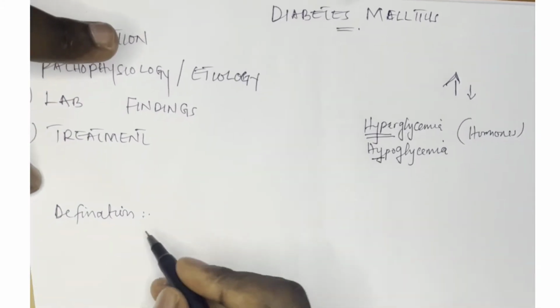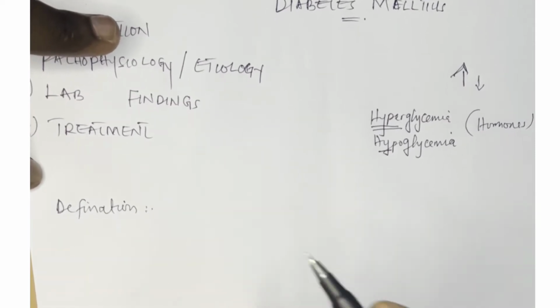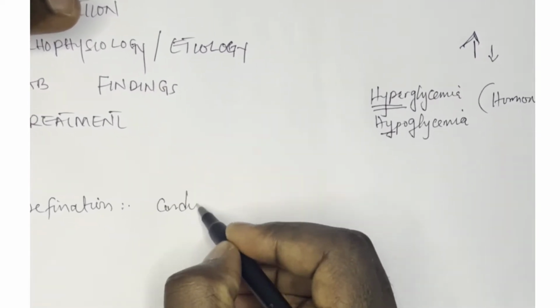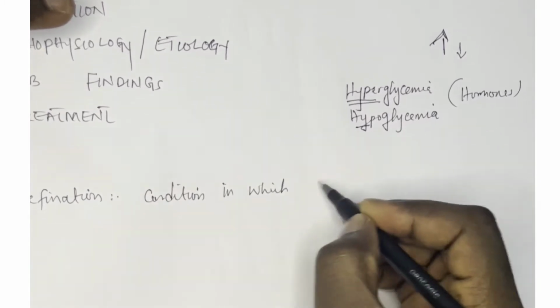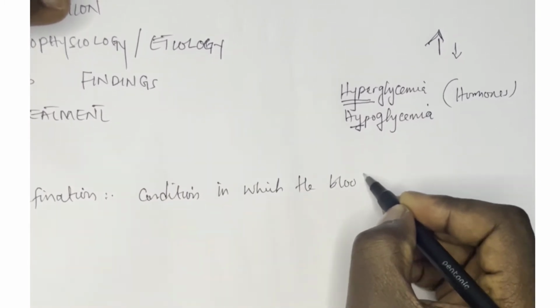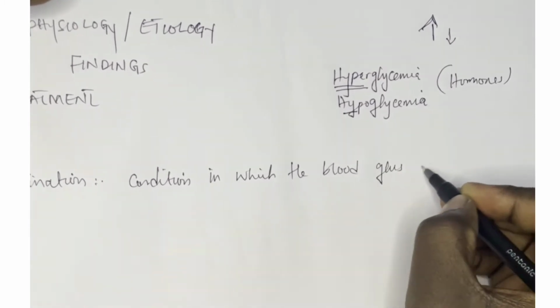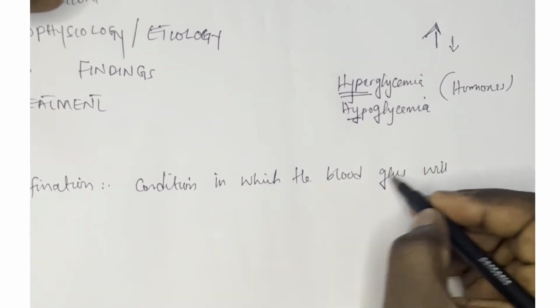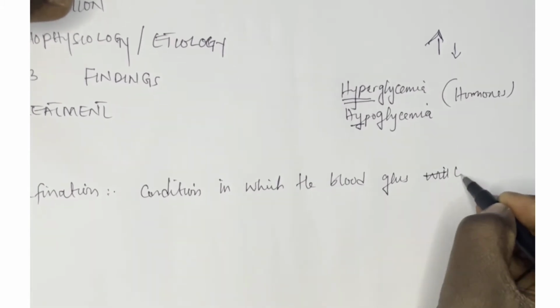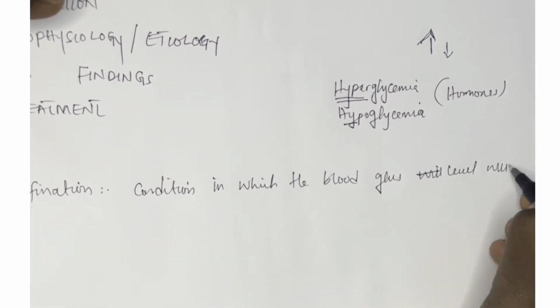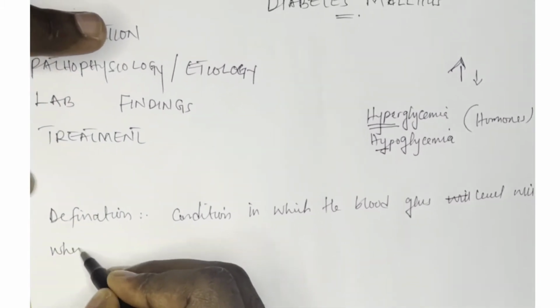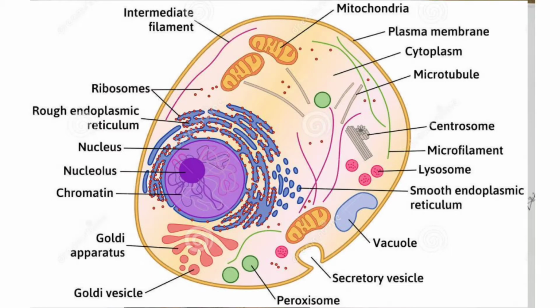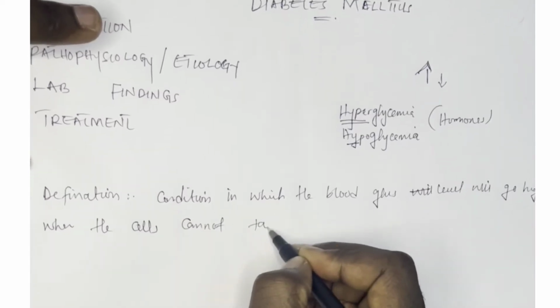First of all, the definition of diabetes. Diabetes is a condition in which the blood glucose level goes high, where the body cells cannot take advantage of it.